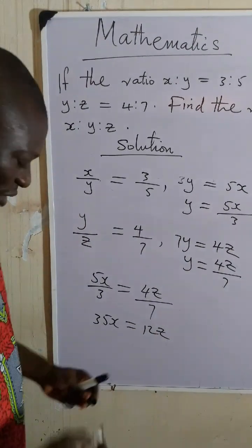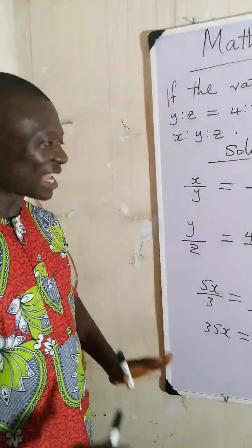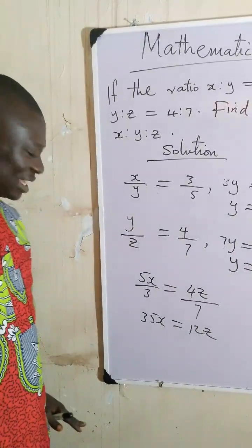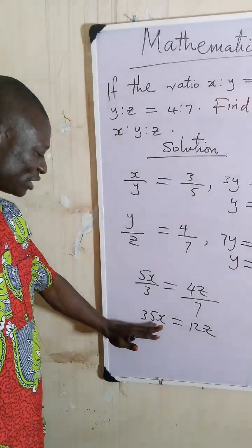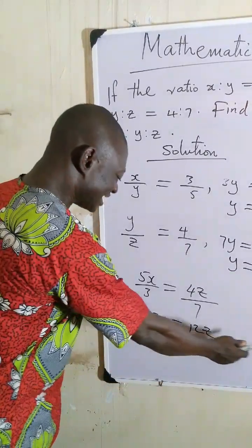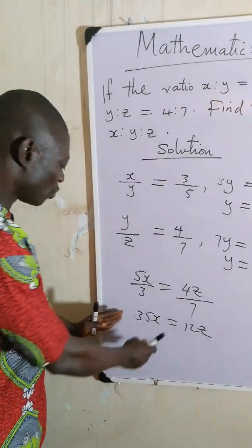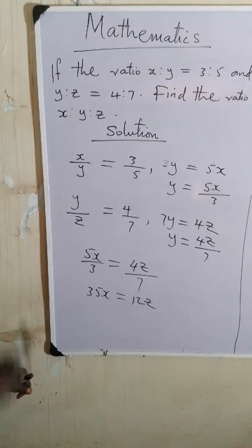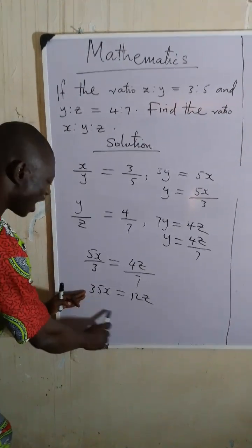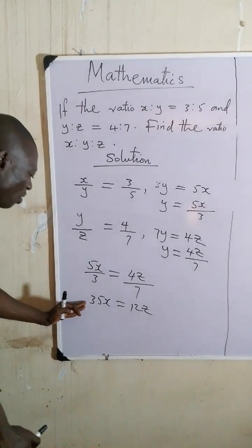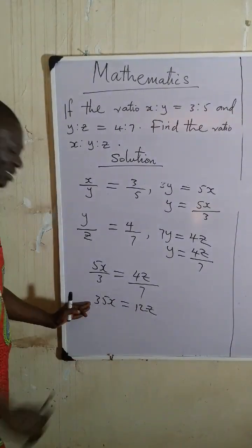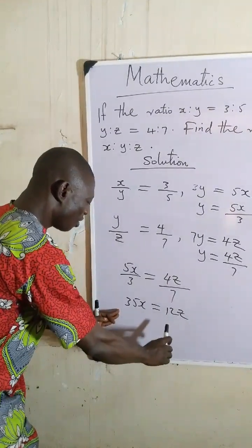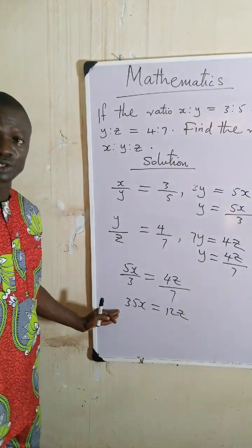Can you see it now? What are we going to do? We are now going to divide both sides. 35x is on the left, 12z is on the right. We divide by either 35z or 12x, whichever one you choose.